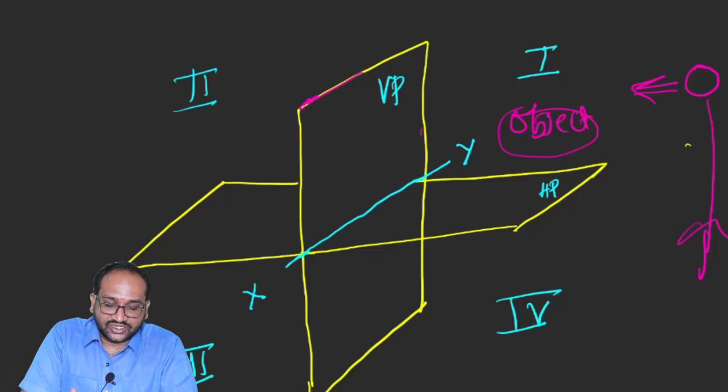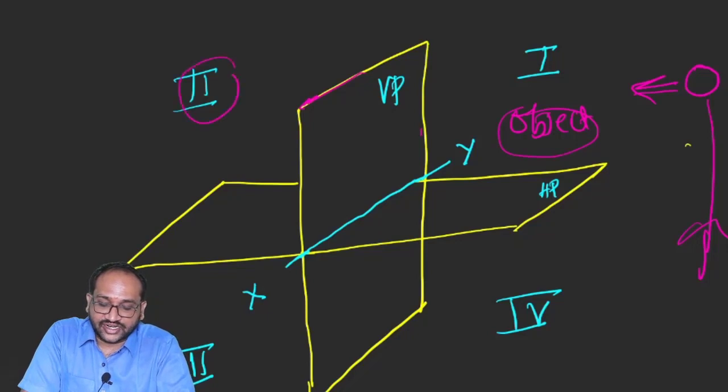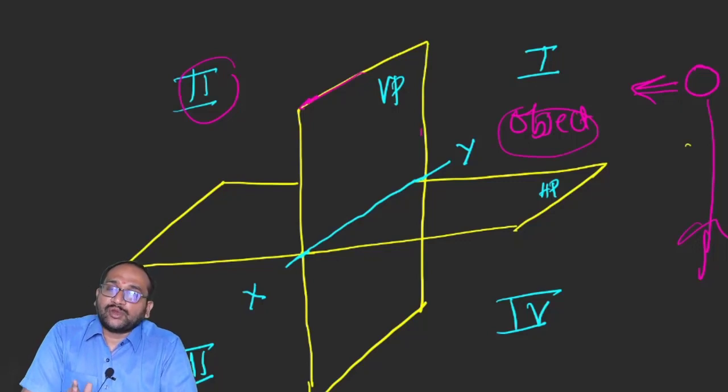If the object is placed in the first quadrant, the first angle projection principle is that the object always lies between observer and plane of projection. If the object is placed in the second quadrant, the principle of second angle projection is that the plane of projection always lies between observer and object. I am repeating the statement again. If the object is placed in the first quadrant, it is known as first angle projection.